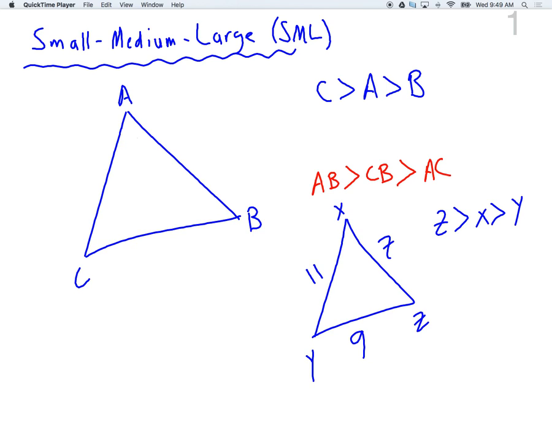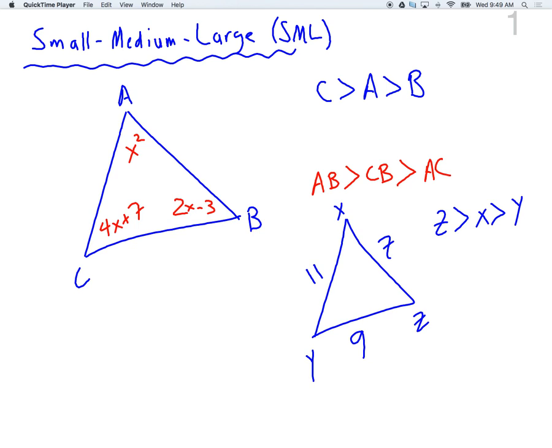We'll skip that. We'll do an example in a second. I could do something like 2x minus 3, x squared, and 4x plus 7.